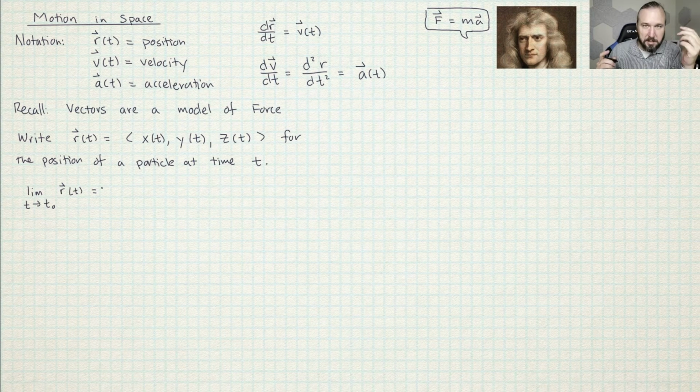Well, it makes sense to me that whatever the x coordinate is getting close to, and whatever the y coordinate is getting close to, and whatever the z coordinate is getting close to, should also be what the particle is getting close to. So we define the limit of the position of a particle to just be the limit of all of the coordinates.